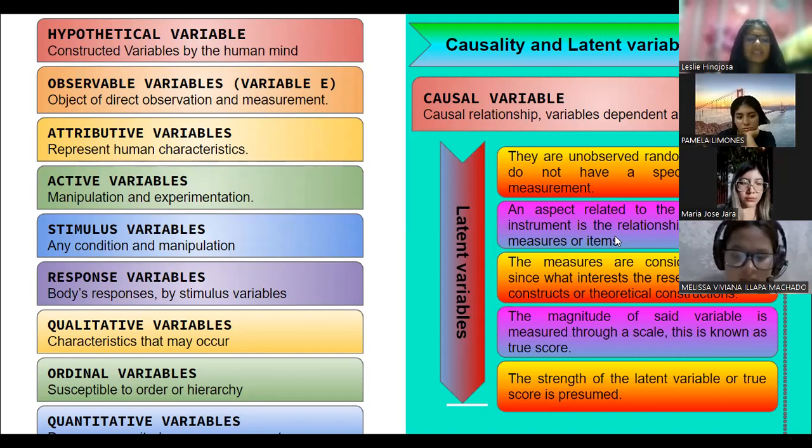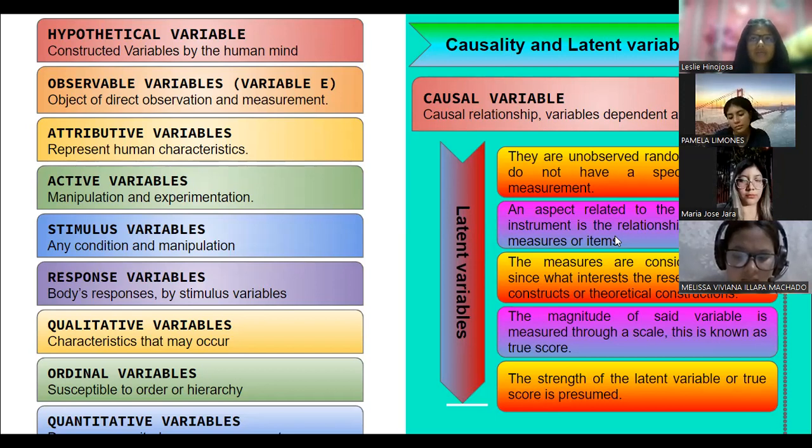Also, we have the qualitative variables. They are those variables which express characteristics that may occur or be absent in individuals, groups, or companies. For example, whether a person is single or married. It's important to mention that it's a nominal measure. Now we have the ordinal variables, whose values are susceptible to order or hierarchy.